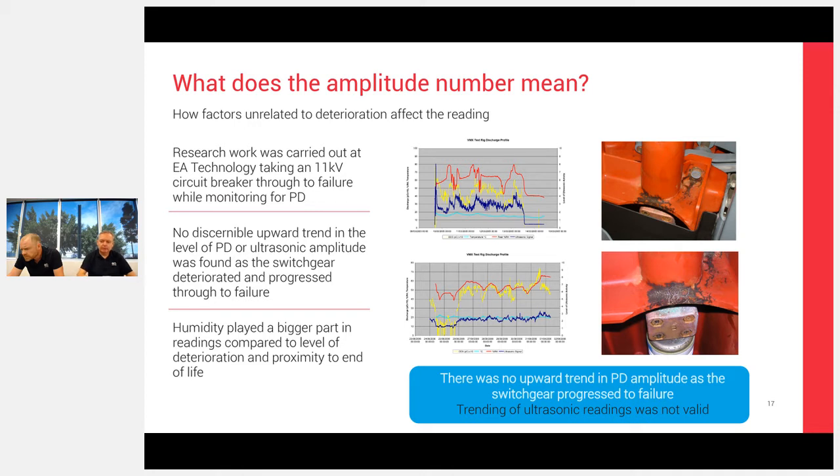We took the circuit breaker through to failure in a controlled environment, and there was no positive upward trend as we moved towards failure. So again, trending ultrasonic is not necessarily something that can be done and provide you confidence that things are getting worse or not getting worse. The only time you know that things are not getting worse is if you can reduce it all the way back to no discharge at that point in time by maybe controlling the environment.